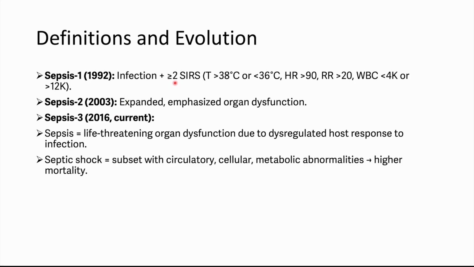It was very broad, and almost all sick patients were fitting into this definition. Then Sepsis-2 expanded by including organ dysfunction. Sepsis-3 included life-threatening organ dysfunction due to dysregulated host response to infection. And septic shock is a subset with circulatory, cellular, and metabolic abnormalities that leads to higher mortality.